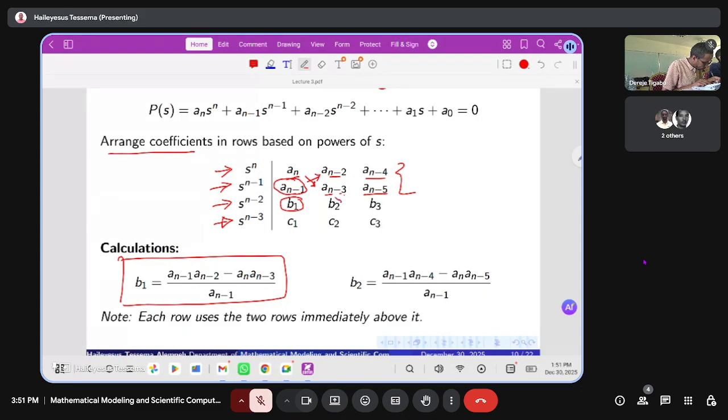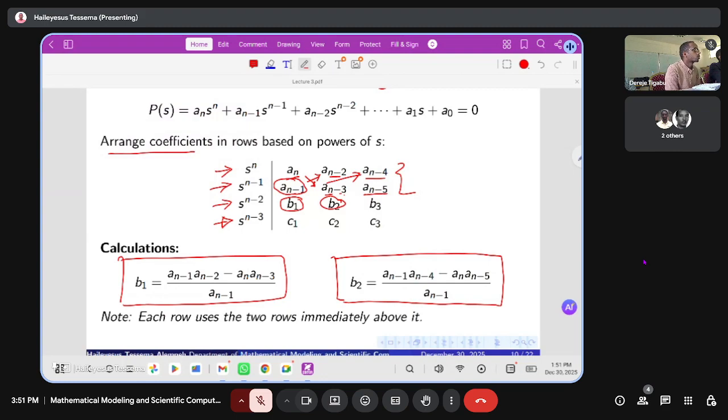Similarly, B2 is obtained from a_(n-1) times a_(n-4) minus a_n times a_(n-5), over a_(n-1). B3 is obtained in the same way.